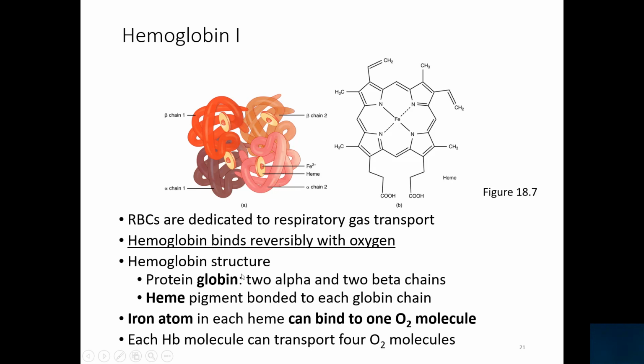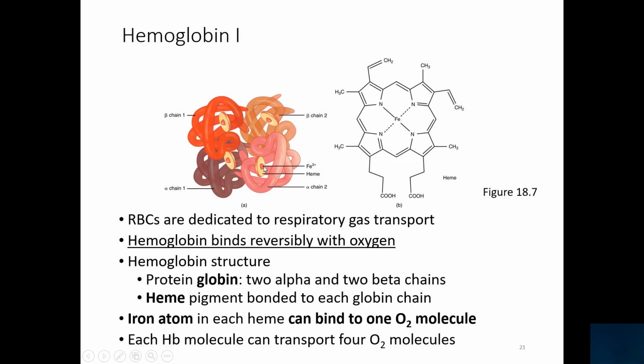Hemoglobin structure: it is made of proteins, 2 alpha chains and 2 beta chains. So that's alpha chain 1, alpha chain 2, beta chain 1, and beta chain 2. Each of those chains has a heme pigment attached to it. That structure looking like a coin, that's a heme.